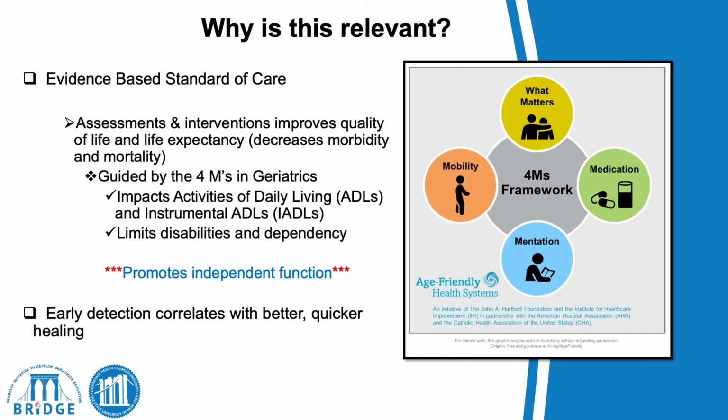And whatever we do in caring for the older adult should be guided by the principles of the 4Ms framework. It should promote independent functioning. It's also relevant because evidence suggests that early detection correlates with better, quicker healing.